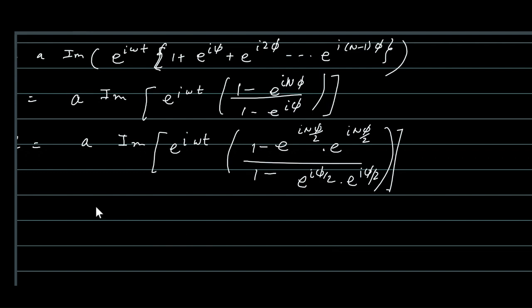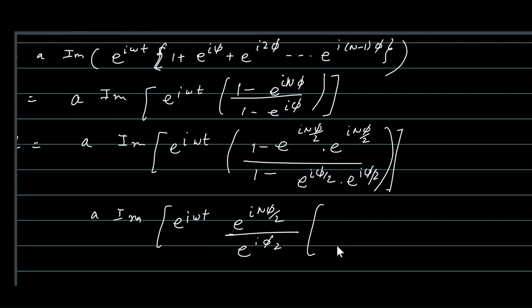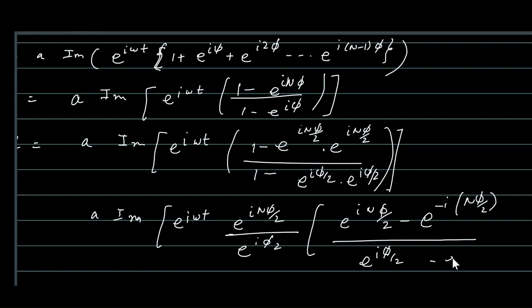Now we will take e to the power iota n phi over 2 common, and e to the power iota phi by 2 common from here, and we can write this equation as e to the power iota n phi by 2 minus e to the power minus iota n phi by 2, over e to the power iota phi by 2 minus e to the power minus iota phi by 2.